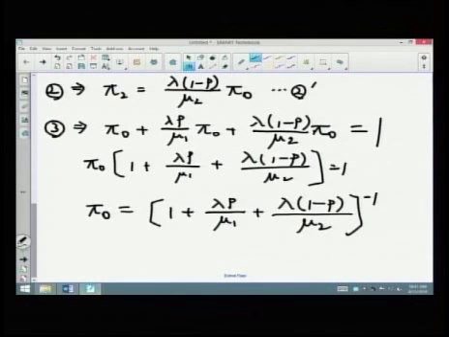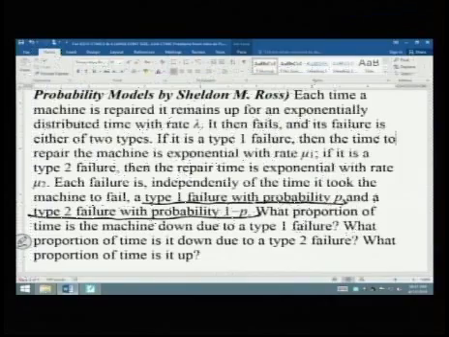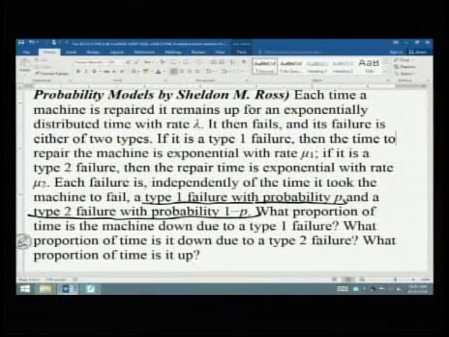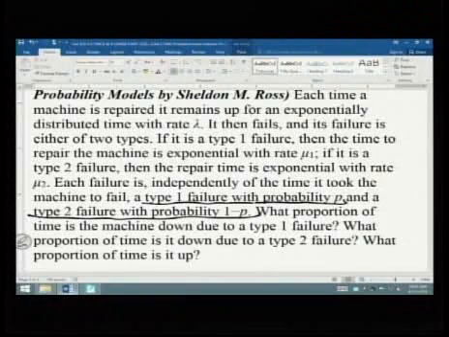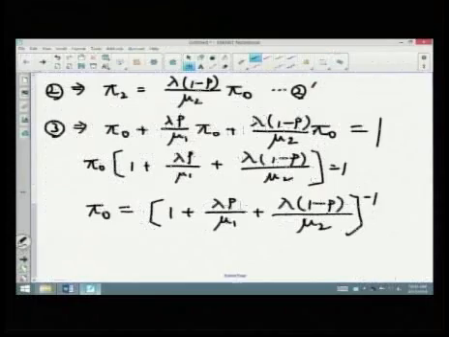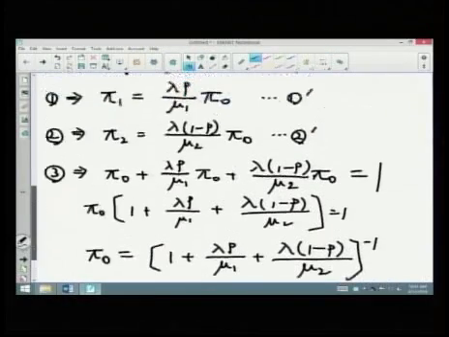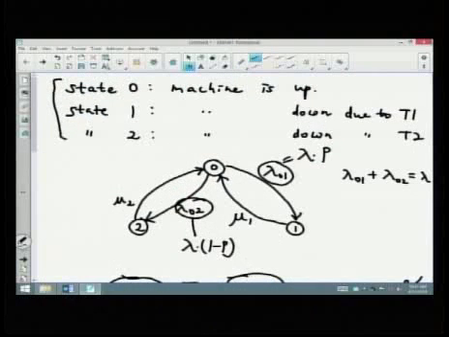So let's go back to the problem description here. What is the question? First question is, what proportion of the time is the machine down due to type 1 failure? How would you answer? Going back to the state definition, state 1 tells you that the machine is down due to type 1 failure.